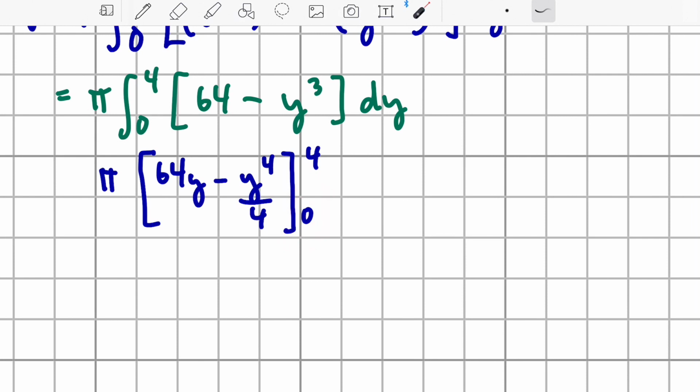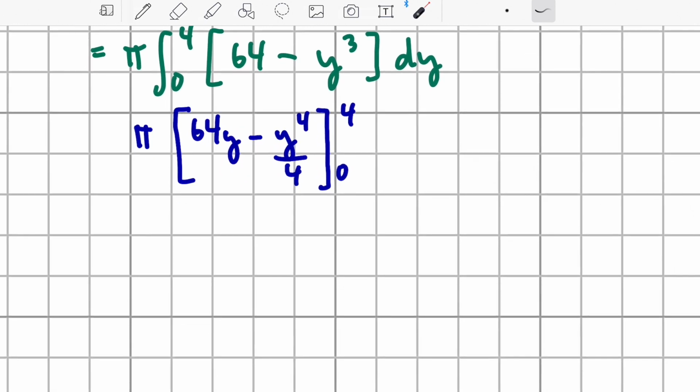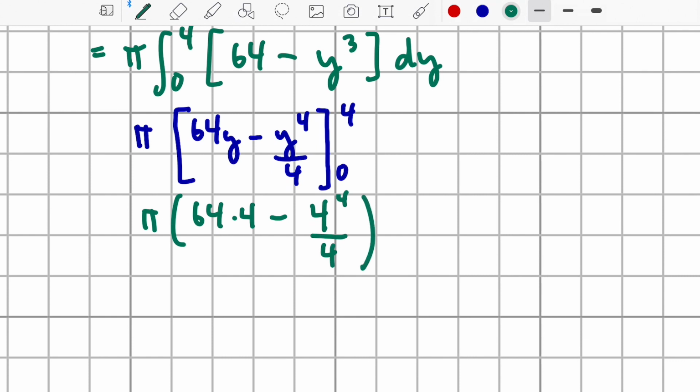Okay, when one of my limits of integration is 0, I always check to make sure that if I plug it in, will I get 0? So if I plug it in here, yes. Plug it in here, yes. So I don't have to worry about it. All I have to do is plug in the 4. So pi integral 64 times 4 minus 4 to the 4th over 4, lots of 4's.